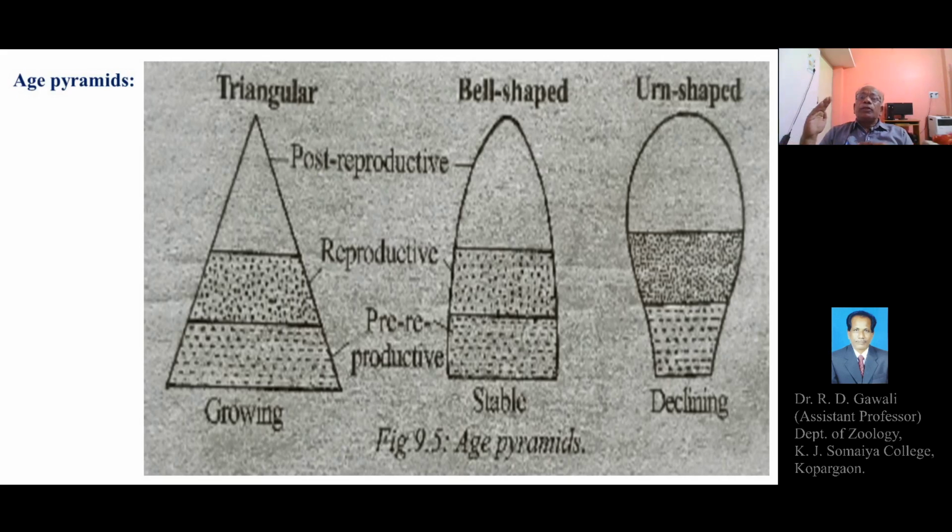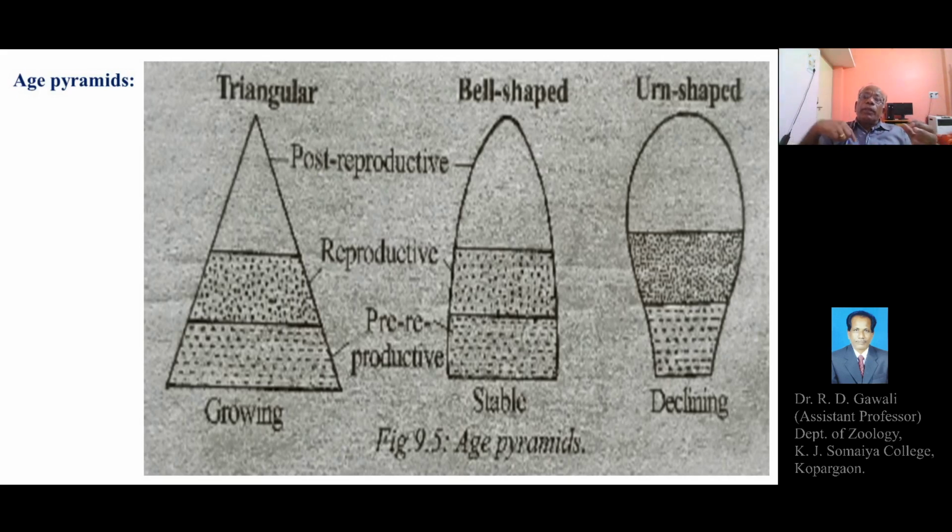That's why the urn-shaped age pyramid shows the population is declining, because of the large number of post-reproductive individuals, maybe more than 60%.